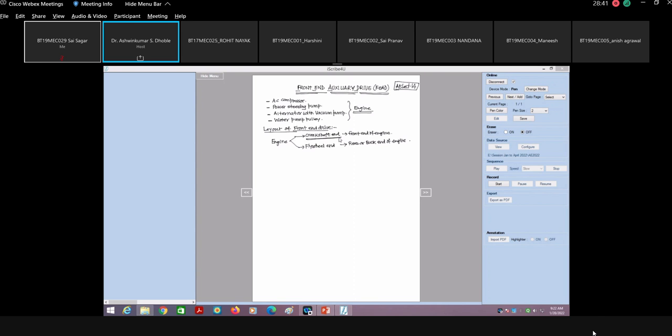Why crankshaft pulley is also called as the damper pulley? Are you aware about it? Crankshaft pulley is most of the time called as the damper pulley. Sir, why it is called as damper pulley?